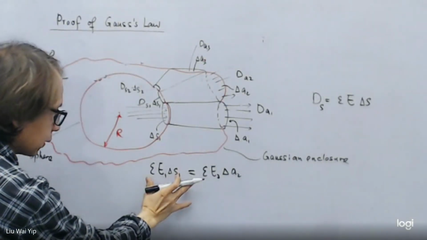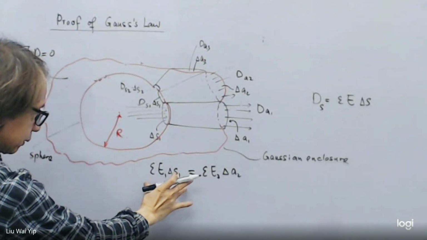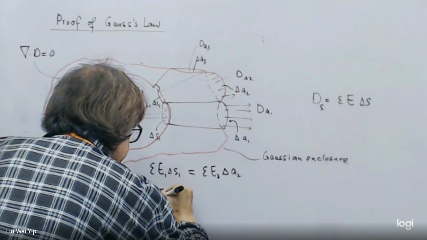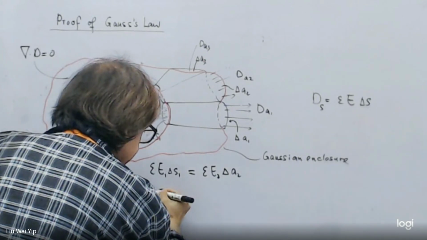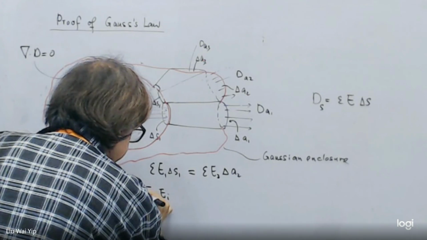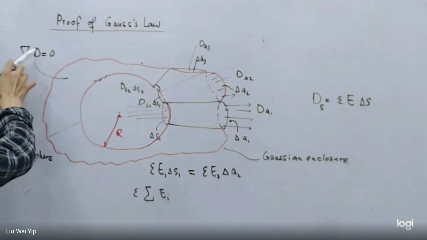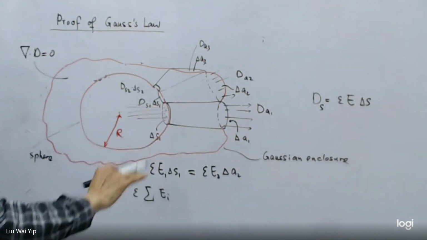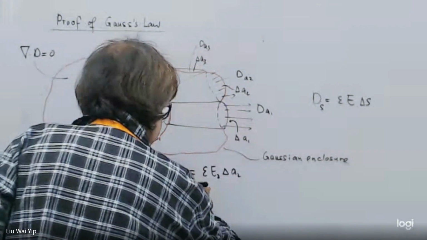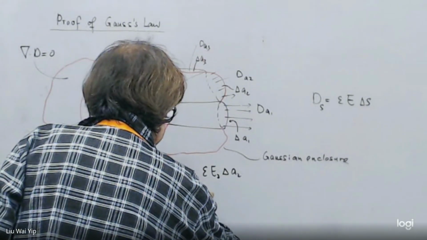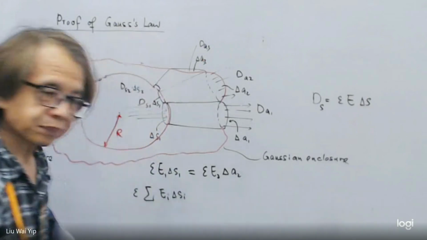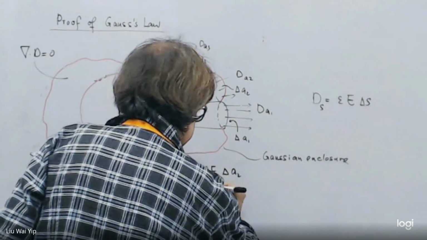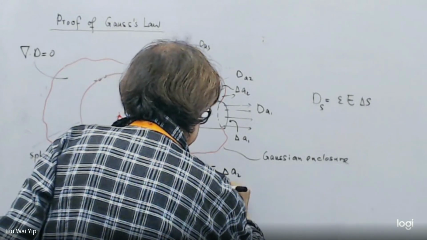So on the left side of the equation, we can write E of S1. The epsilon may be the same because we are dealing with the same three-dimensional space. So we have this, and here we can do the same.